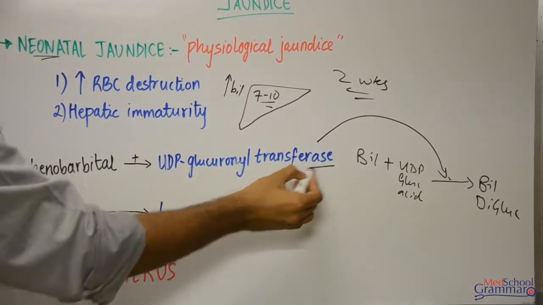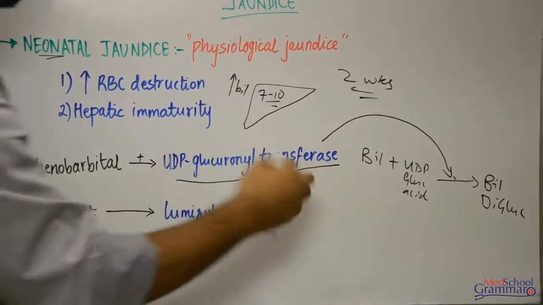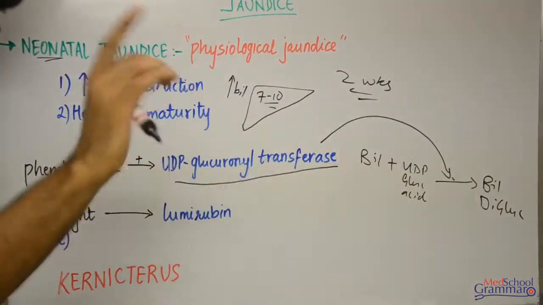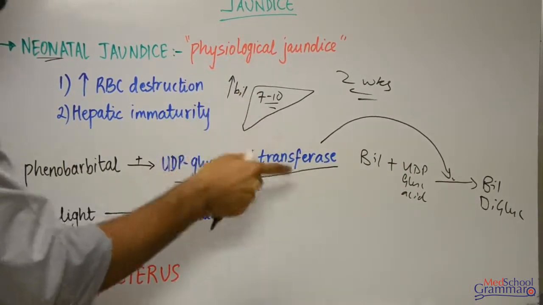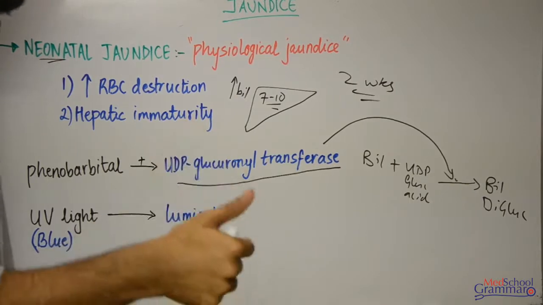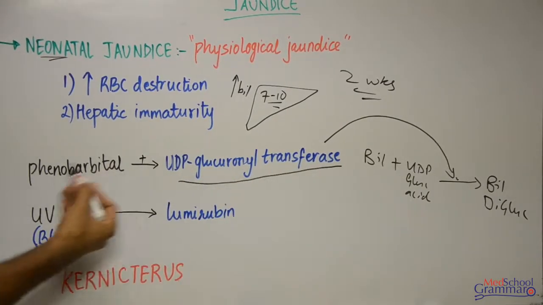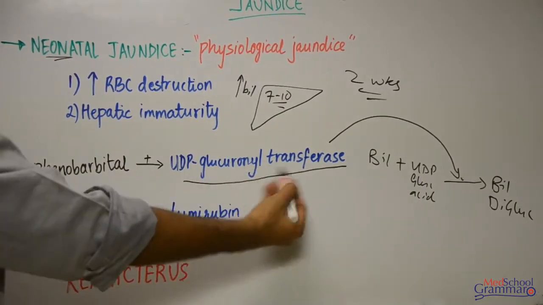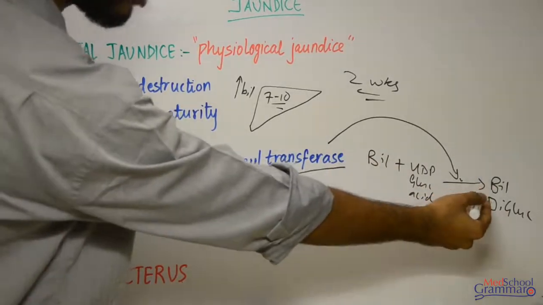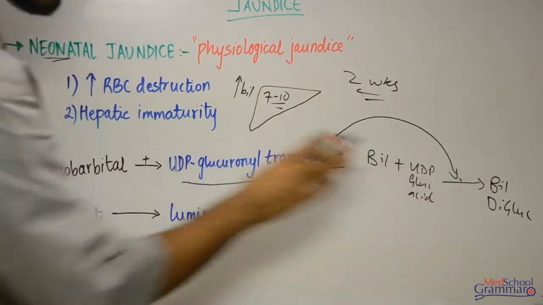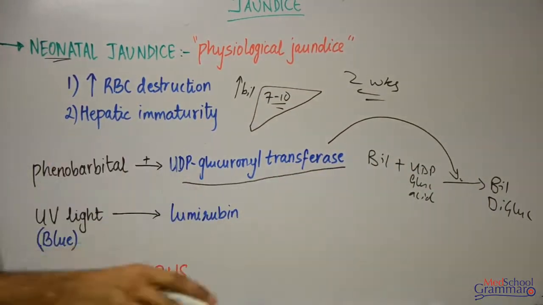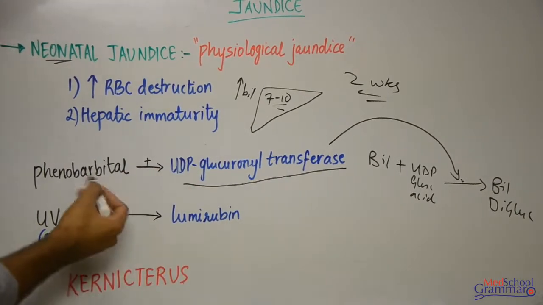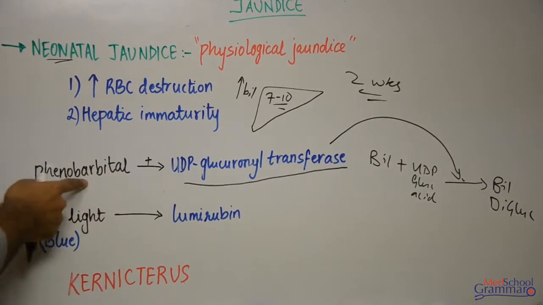So if the activity of this enzyme increases, the conjugation increases. The basic problem was that the liver is immature, it cannot conjugate. So we have to increase the conjugation, which is done by this drug. This drug increases the activity of this enzyme, which increases conjugation. As we all know, conjugated bilirubin is soluble and easily excreted in the urine, right? So this is a preventive measure, phenobarbital.